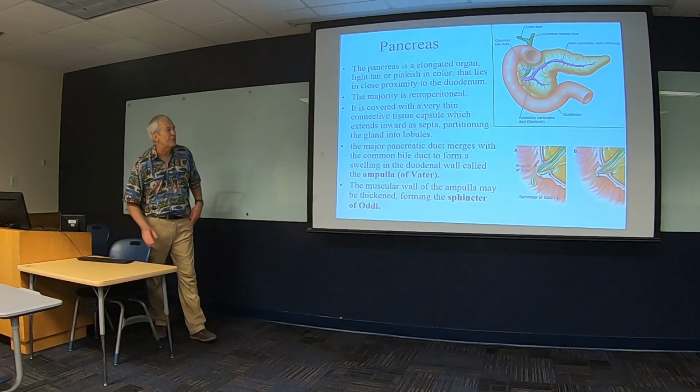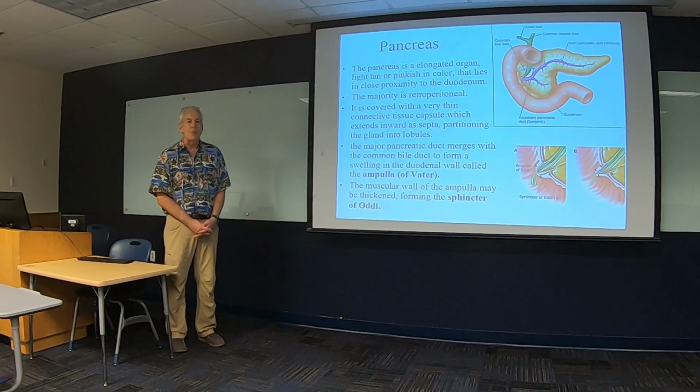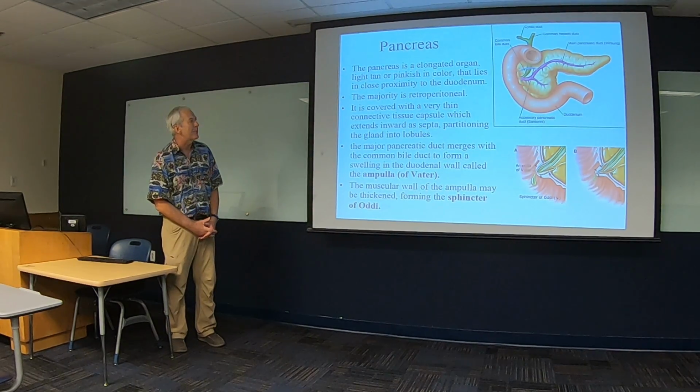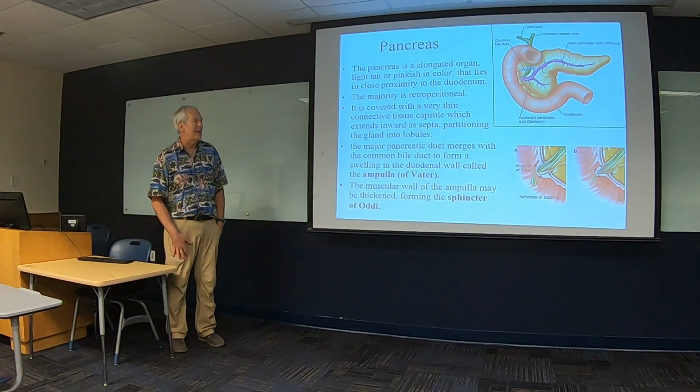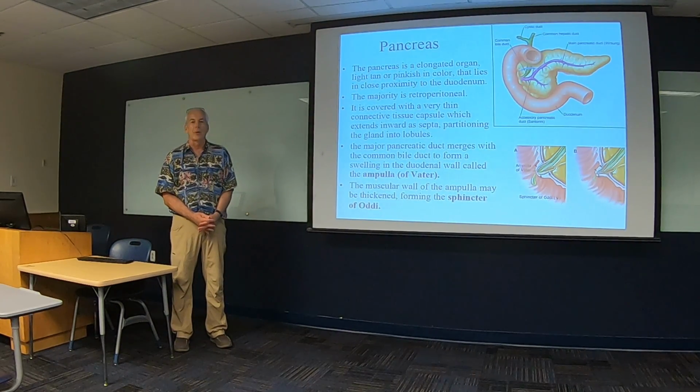So the pancreas, we've gone over some of the functions of the pancreas. We said before that it's a retroperitoneal organ, which means that it is located mostly behind the peritoneum. I believe the head of the pancreas is within the peritoneum, but you have dual components, the endocrine and the exocrine pancreas.